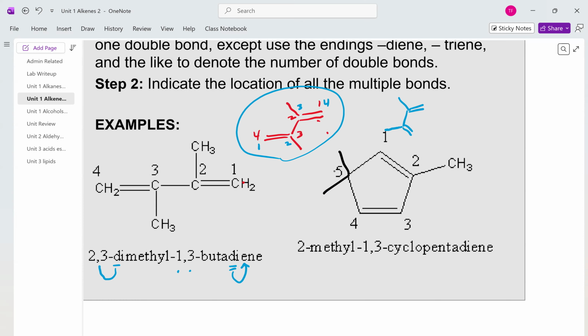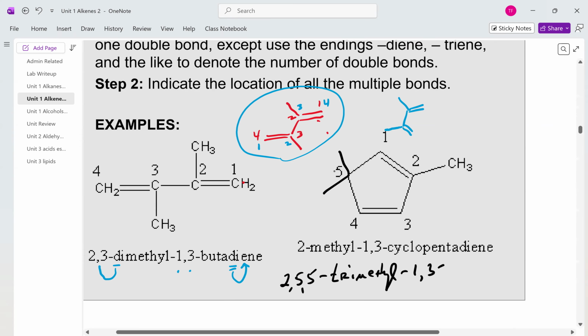Okay, so we've got 3 methyl groups. Okay, one is on carbon 2, so this would be 2,5,5-trimethyl-1,3-cyclodiene.